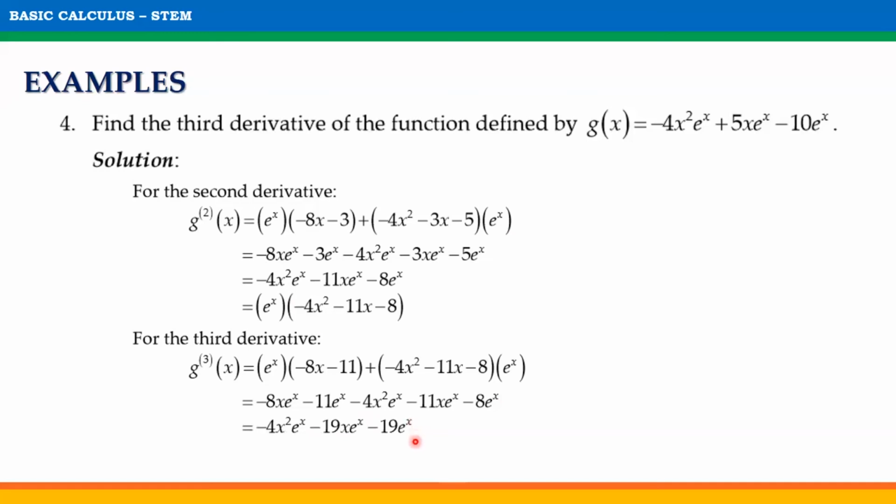Combining like terms, we will have negative 4x squared e raised to x minus 19x e raised to x minus 19 e raised to x, and factoring out e raised to x, we will get the final answer, or the third derivative of the function, to be e raised to x times negative 4x squared minus 19x minus 19.